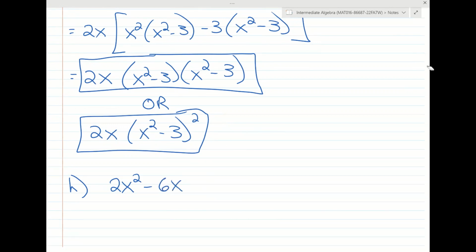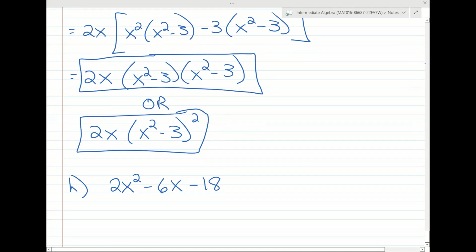Oh, no, wait. 2x squared minus 6x minus 18. Actually, no, sorry. I'm making this up on the fly here. 3 and 4. Make it like this. Sorry about that.